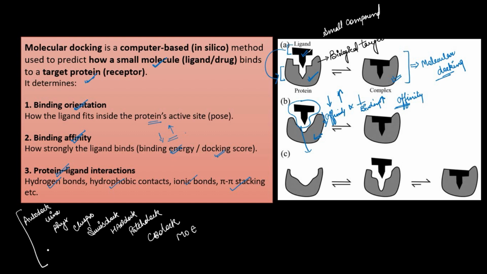These are software as well as web tools to perform molecular docking. AutoDock Vina, PyRx are software that are used to predict protein docking, and ClusPro, SwissDock, HDOCK, PatchDock are web tools to perform molecular docking.